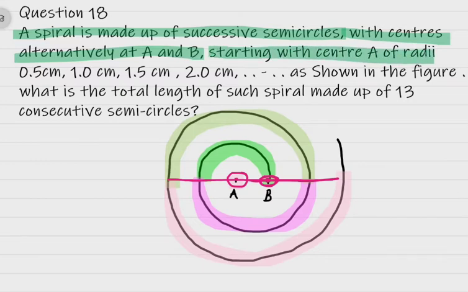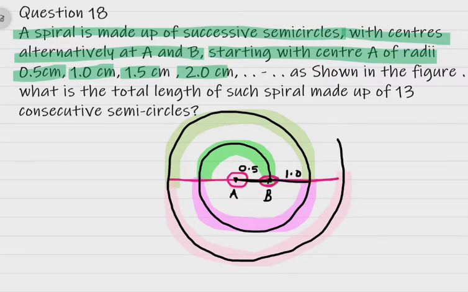Like this, the semicircles are moving, starting with center A of radii 0.5 centimeter, 1.0 centimeter, 1.5 centimeter, 2.0 centimeter. Now, what are the radii? For the first semicircle, the radius is 0.5. For the second one, we have center B, so it is 1.0.